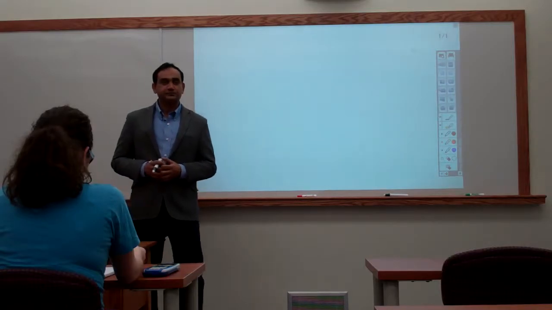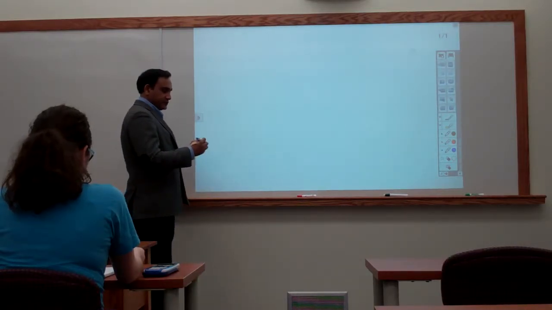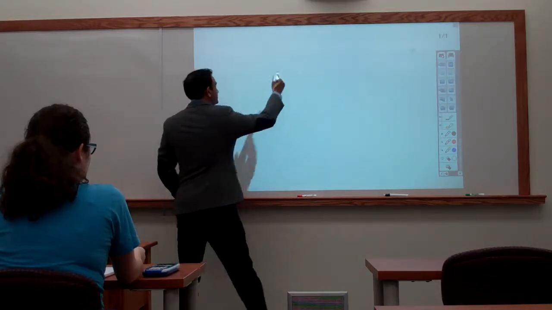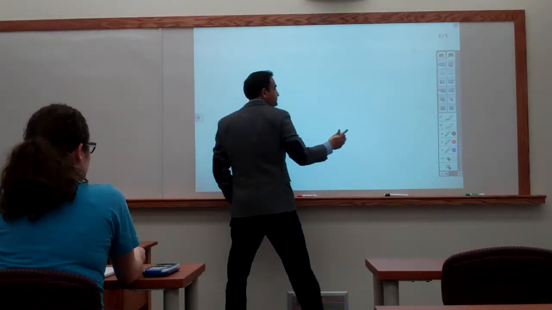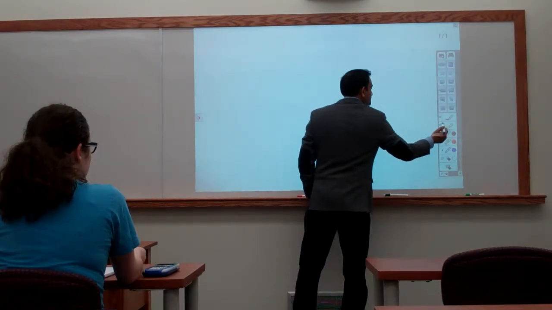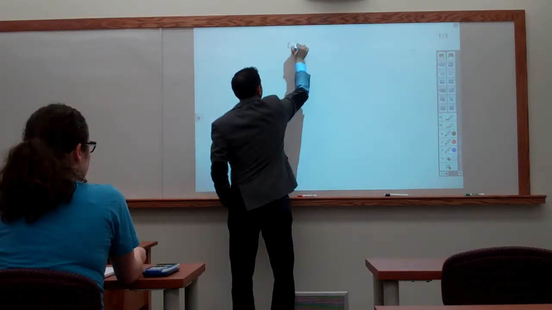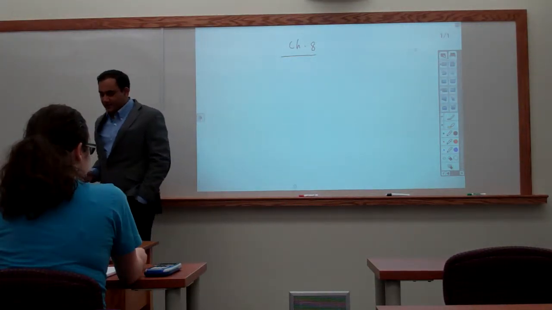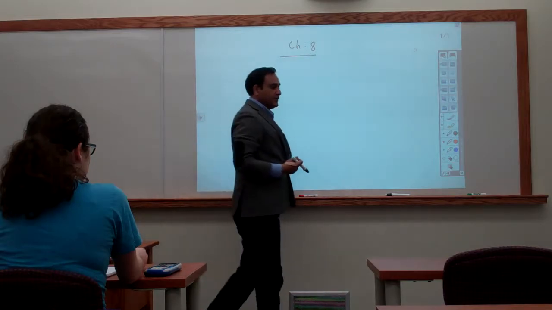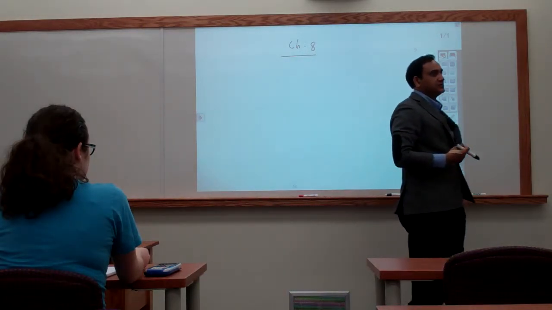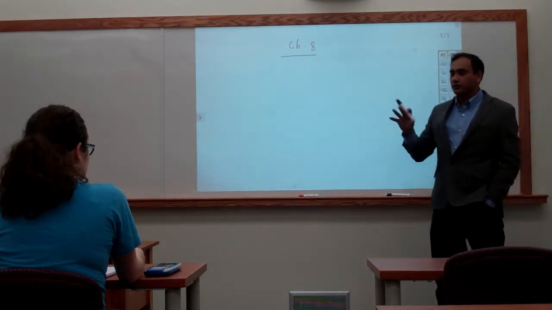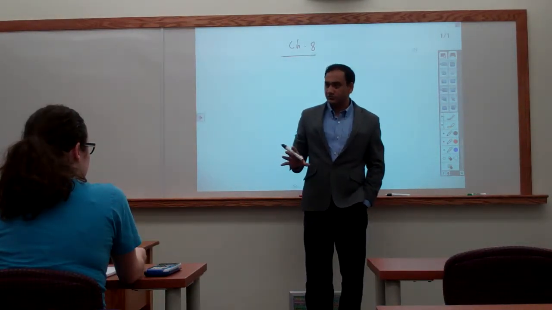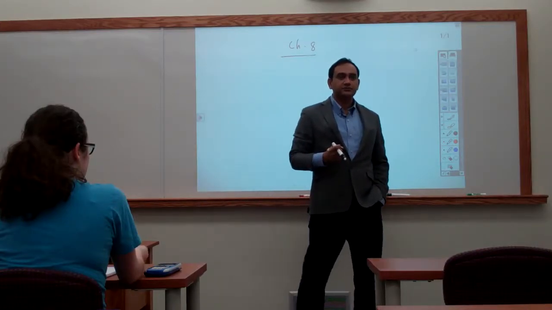So the reference for today's chapter is chapter 8 from your textbook. And if you remember, as I said last time, we are going to divide our economy into 4 sectors. What are those sectors?